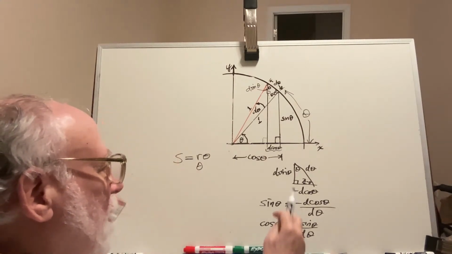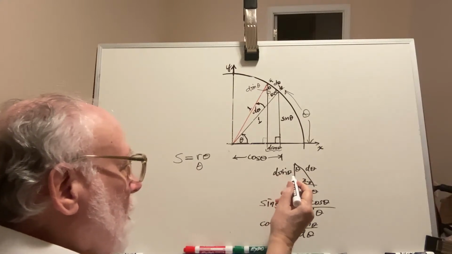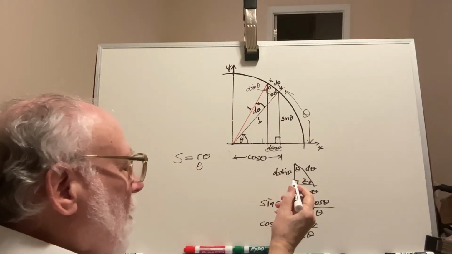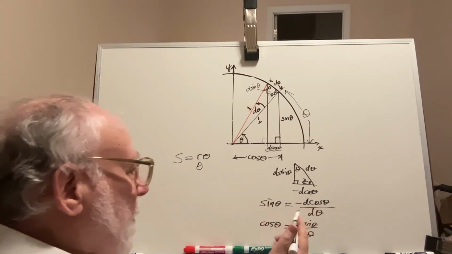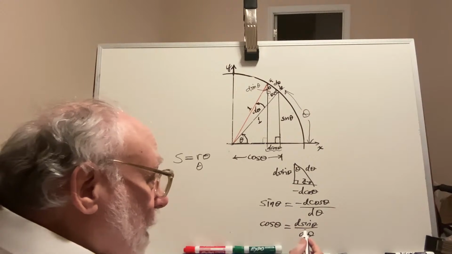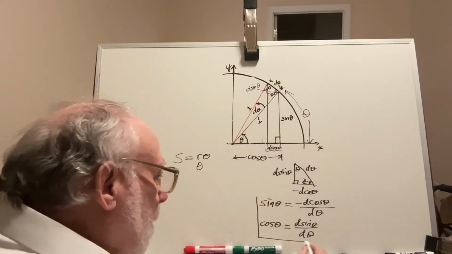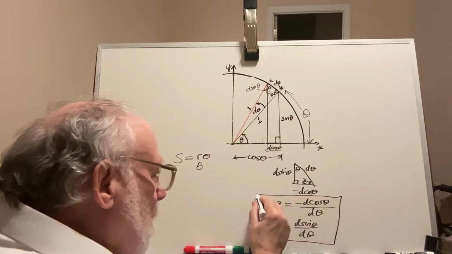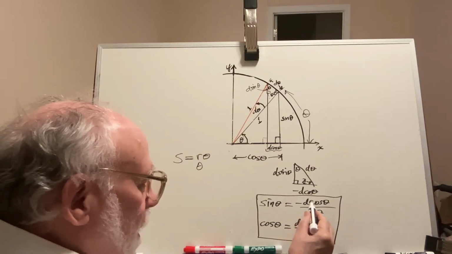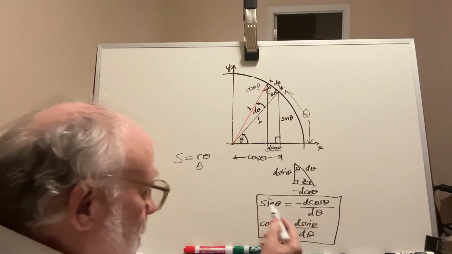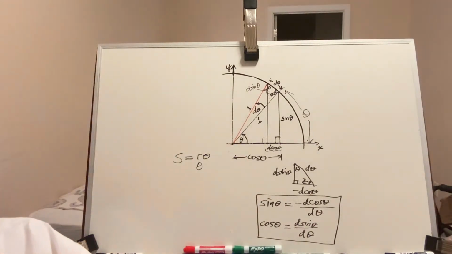Now, these infinitesimal numbers can't really be seen on the xy plane, but their ratio can. And so here we have the formulas for the derivative of the sine and the cosine. The derivative of the sine is the cosine, and the derivative of the cosine is minus the sine. So that's the name of that tune.